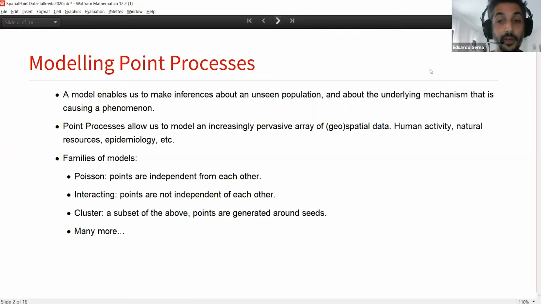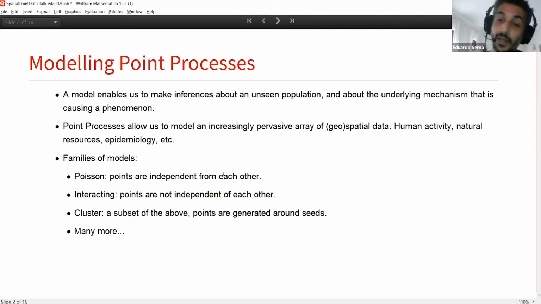And we have, for now, focused on three types. There are different families of models, and for this iteration of the framework we've focused on three. Poisson models, which are the simplest ones, where points are independent from each other. We also have pairwise interacting processes called Gibbs processes, the simplest type of processes where points are not independent of each other.